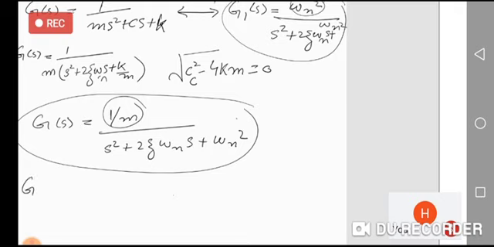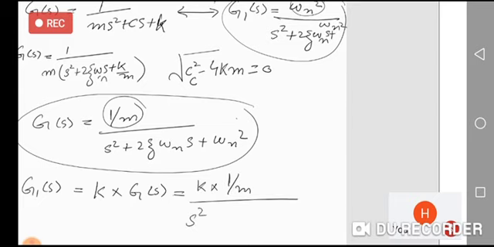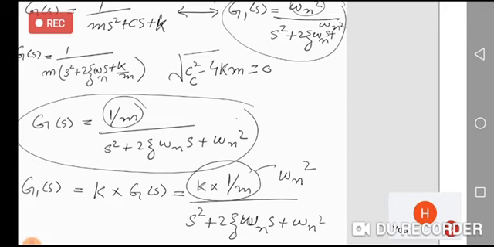Actually G1 of s is equal to k multiplied by G of s, which means k multiplied by 1 over m divided by s square plus 2 zeta omega n s plus omega n square. This thing itself is omega n square. ठीक है? बस that concludes our lecture until now.